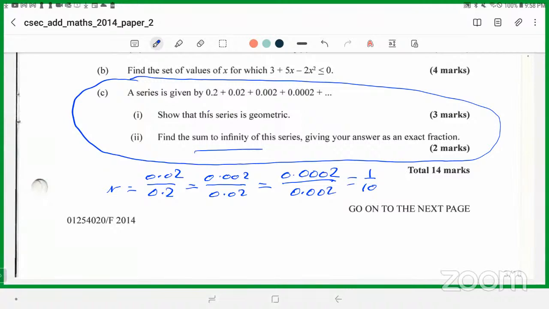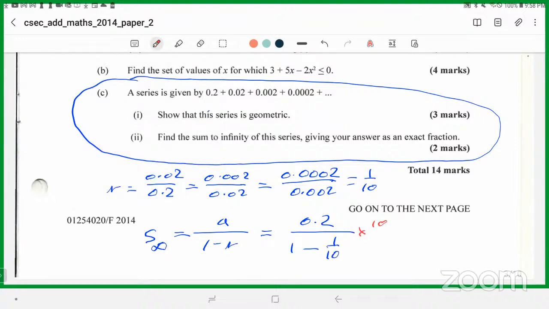And then I want the sum to infinity, giving the answer as an exact fraction. So the sum to infinity is a over 1 minus r. The a is 0.2 divided by 1 minus the r, which is 1/10. You want the exact fraction. To simplify this quickly, I'm going to multiply up here by 10 and under here by 10.